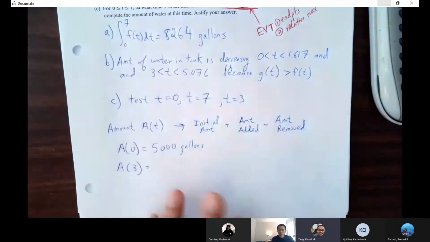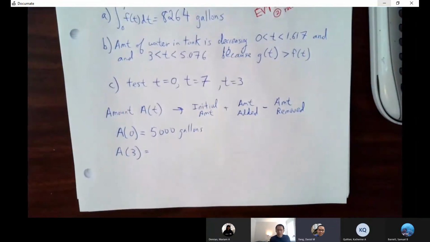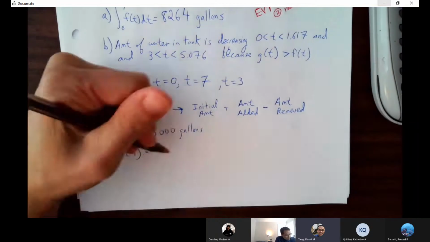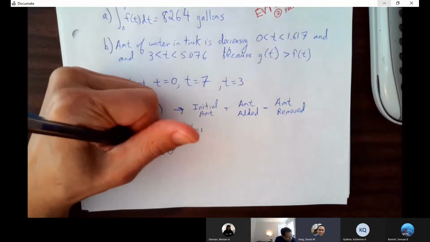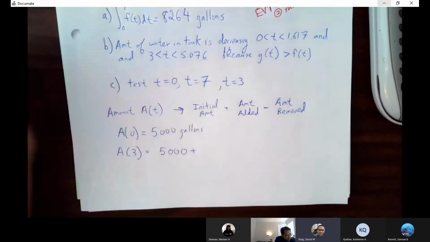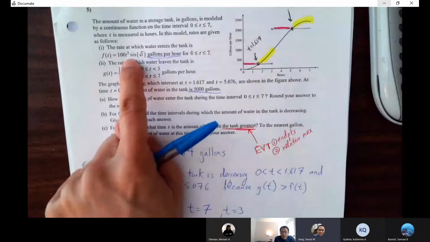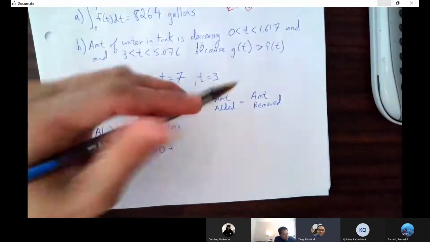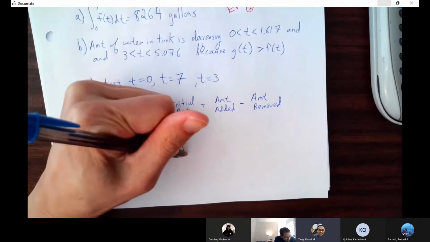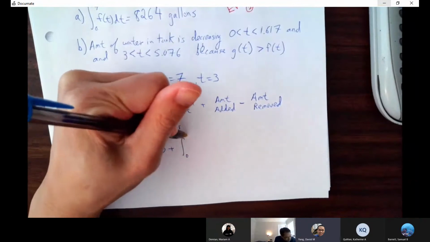So it's the same idea here. We have to take all 3 things into account to figure out how much water there is in the tank. So we know that there's 5,000 to begin with. We know between 0 and 3 hours, we can accumulate how much water has been added in that time period from 0 to 3. So I think I made a mistake on the key here. I think I wrote 0 to 7, but it should be 0 to 3.